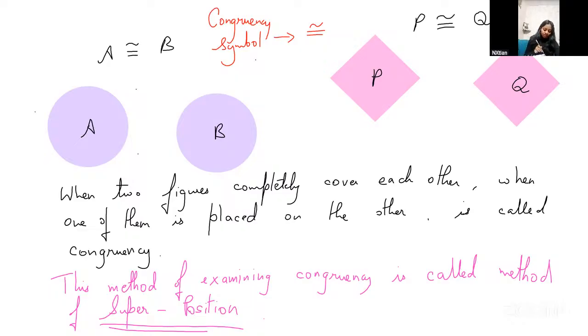Okay. Now, in this chapter, the shape that is particularly talked of is a triangle. And we have some rules through which we can decide that a triangle is congruent to another triangle. So we will talk about rules to check the congruency of a triangle.